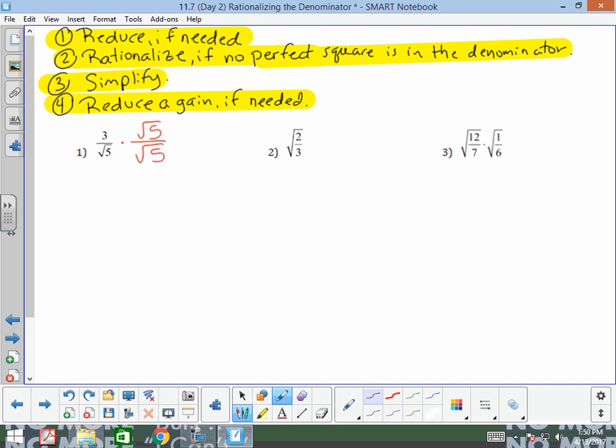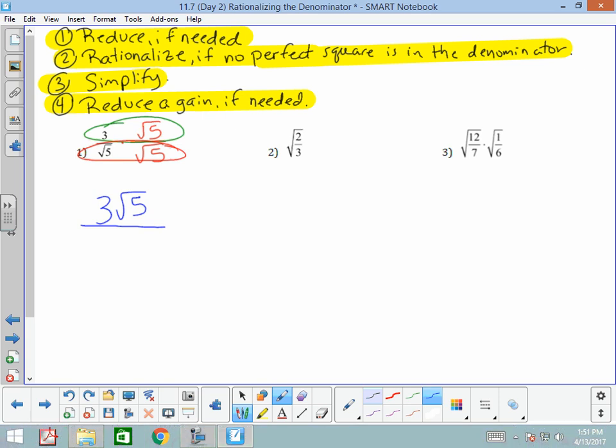So that's the rationalizing part. It's multiplying by a fraction that is actually reduced to 1, but we are going to use whatever is in our denominator. Now, I don't want to reduce that to 1 because that would put me back to my original problem. So what I'm going to do now is multiply the numerators. So that's 3 square root of 5 over, and then next I'm going to multiply the denominators.